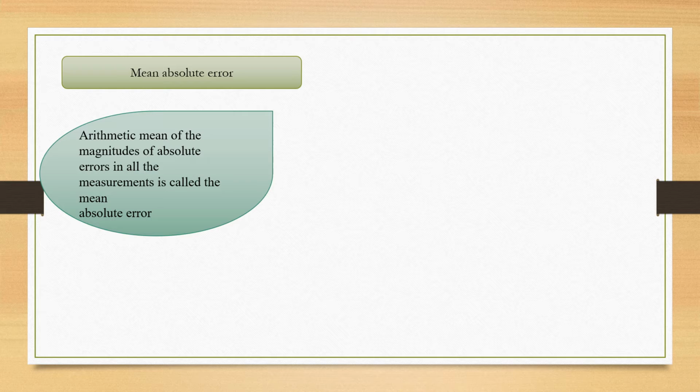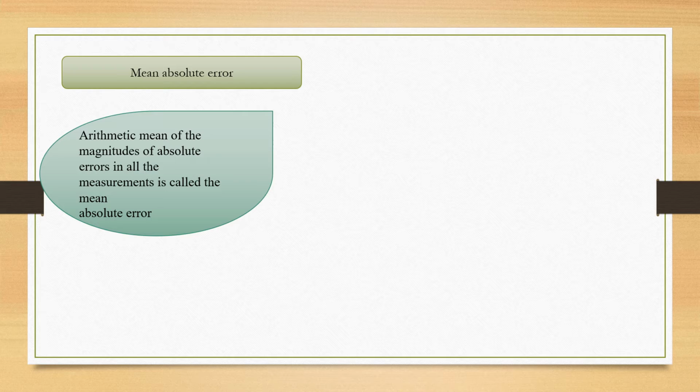Mean absolute error. Different measurements give different absolute errors. So we average them, which gives a more accurate absolute error, called the mean absolute error. This value can be taken in the problems.